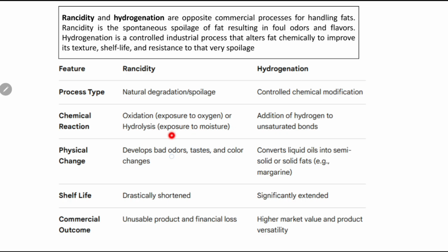And hydrolysis, whereas rancidity is addition of hydrogen, right? Actually, they are opposite commercial processes of handling fats. Rancidity is spontaneous spoilage of fat, whereas hydrogenation is a controlled industrial process that alters fat chemically to improve its texture, shelf life, resistance to that very spoilage.